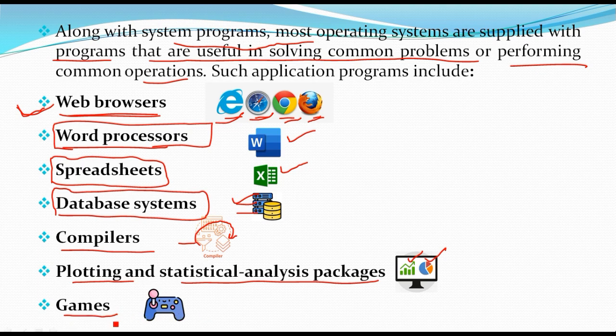Those are also used for common problems or common operations. All these are application programs. We say application programs or system programs. These programs are all useful for solving common problems or performing common operations, right?